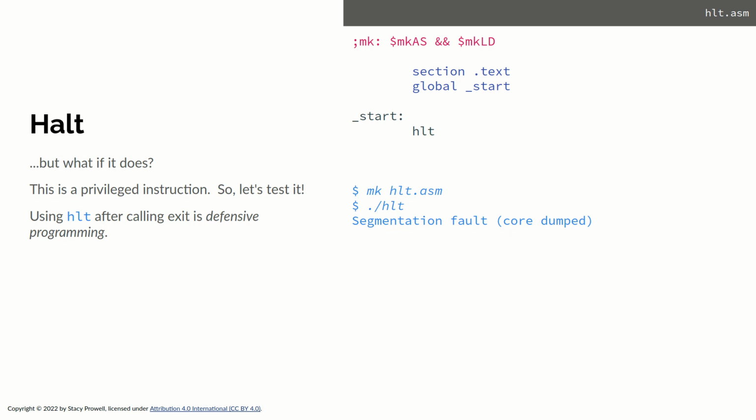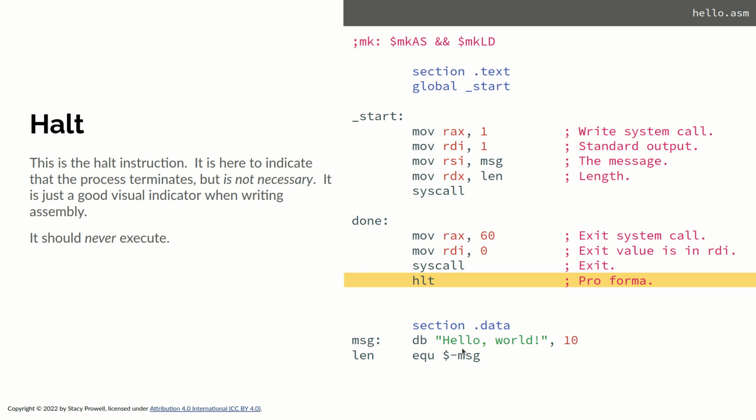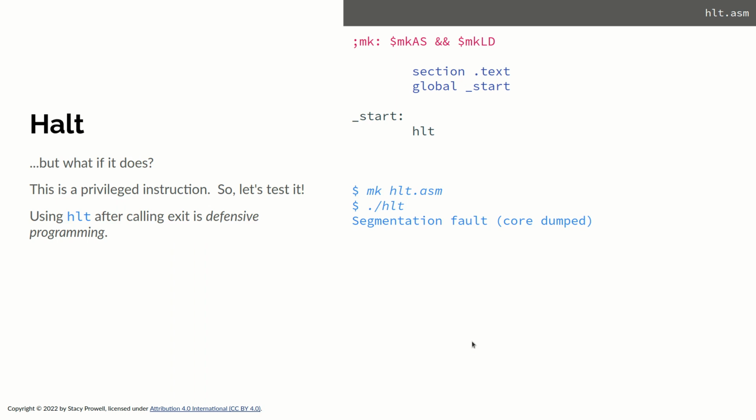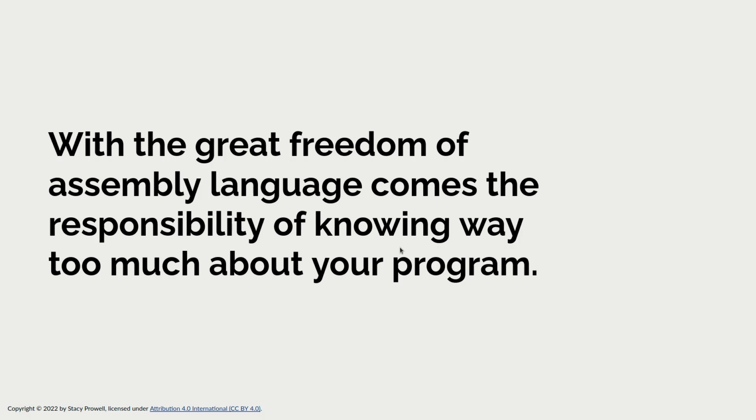Otherwise, we just keep going and plow into whatever random code happened to be sitting after this, which could be just garbage, or maybe this data, or who knows what. All right, good defensive programming. The point of all this is, with the great freedom of assembly language comes the responsibility of knowing way too much about your program.